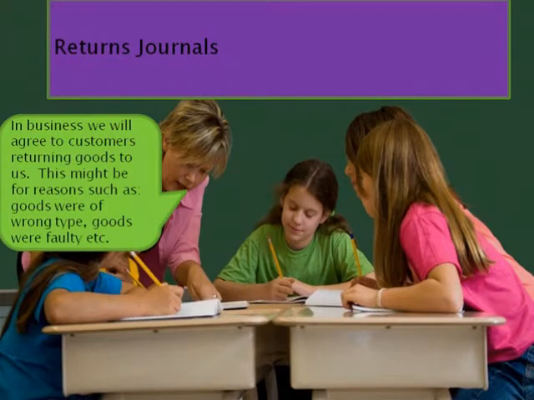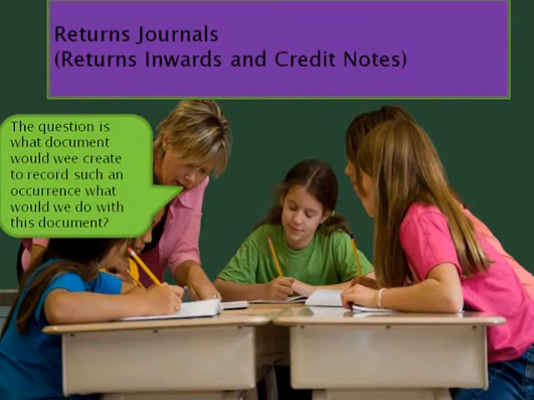In business, we'll agree to customers returning goods to us. This might be for reasons such as goods are of wrong type, goods are faulty, etc. The question is, what document would we create to record such an occurrence, and what would we do with this document?